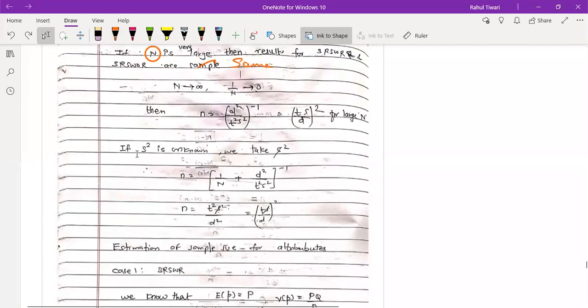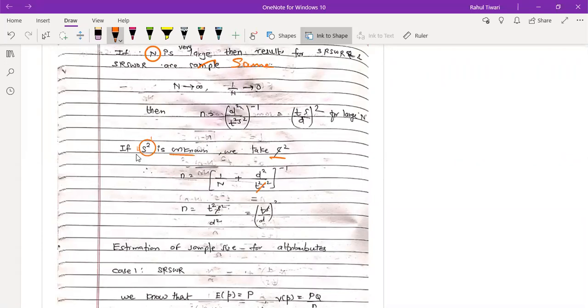And similarly, if S square is unknown, same condition, then we can take the unbiased estimate. So if it is unknown, this quantity will be replaced by small s square. And again, if capital N is large, then you can always go by small s.